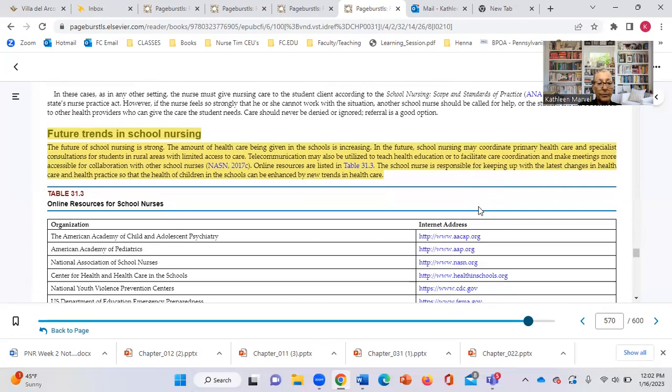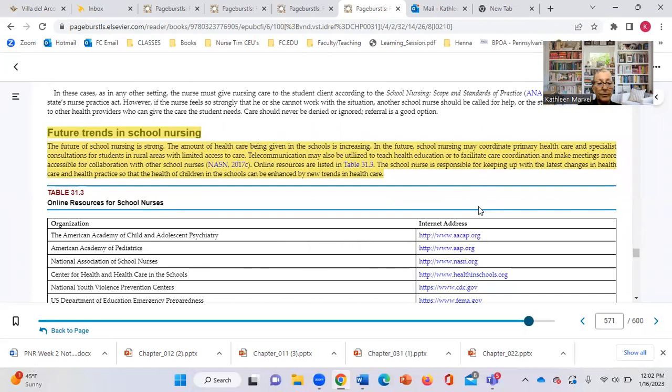And I'd like to review future trends in school nursing. School nurses are increasing their scope all the time. The future of school nursing is very strong. The amount of healthcare being given in schools is increasing dramatically, and I saw that over my 20 years. In the future, school nursing may coordinate primary health care and specialist consultants for students in rural areas that have limited access.